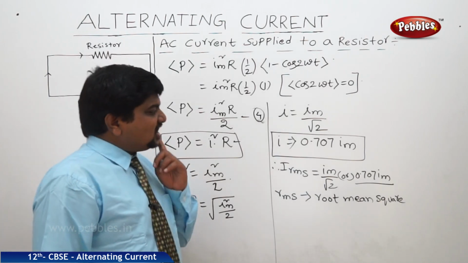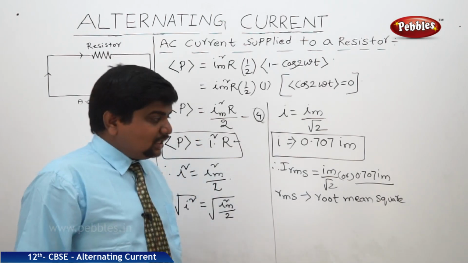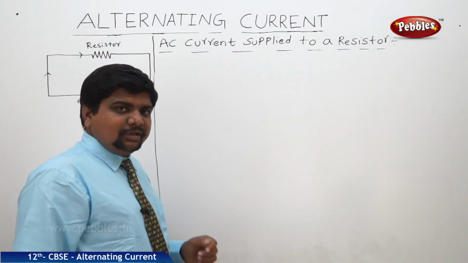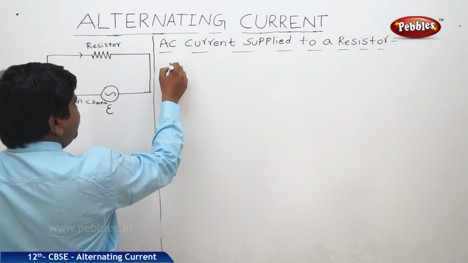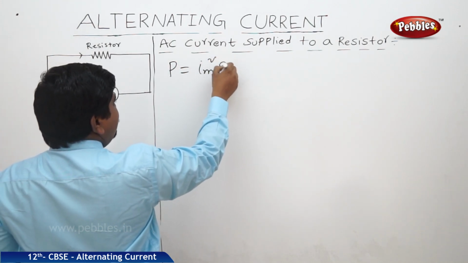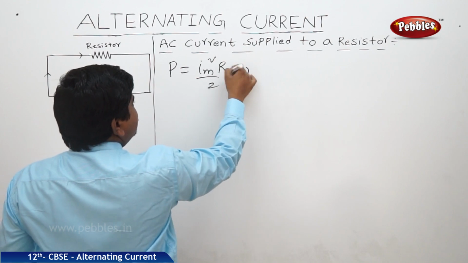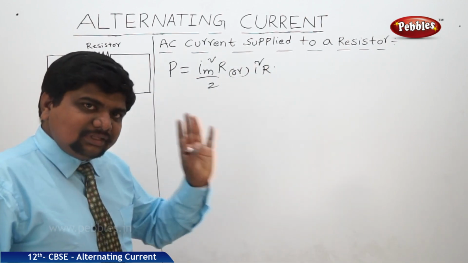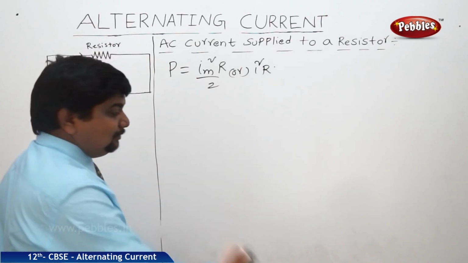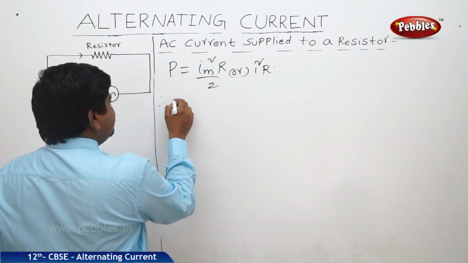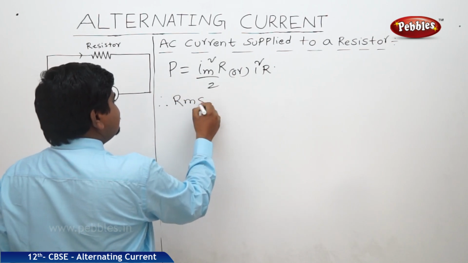The maximum current and maximum voltage are related by Ohm's law, and then we find out their values correspondingly. Therefore, power in terms of Im we can get as Im square R by 2, or I square R. Initially we found the Im and I values, IRMS with respect to the maximum current. Now we are going to find out the RMS voltage.